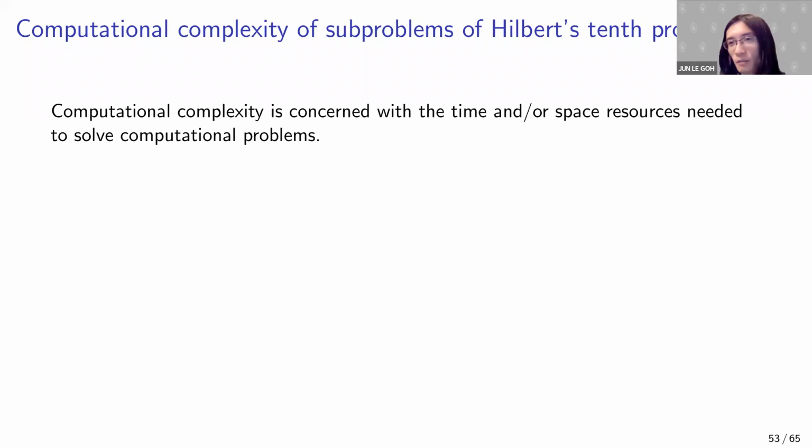Computational complexity is concerned with the time and/or space resources needed to solve computational problems. In other words, they don't just care whether there is an algorithm to solve a problem. They care about how much time the algorithm is going to need, how much space it is going to need, things like that.